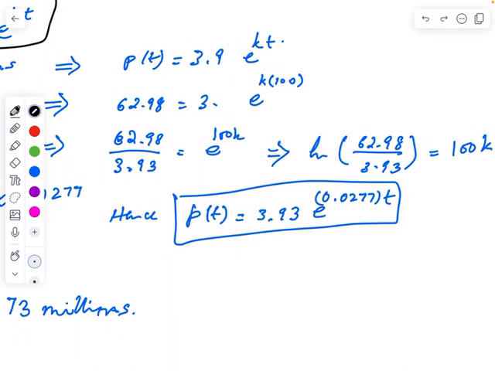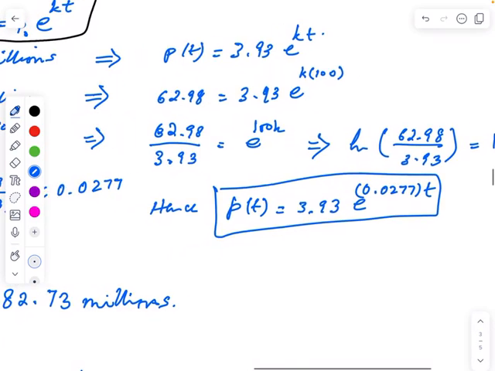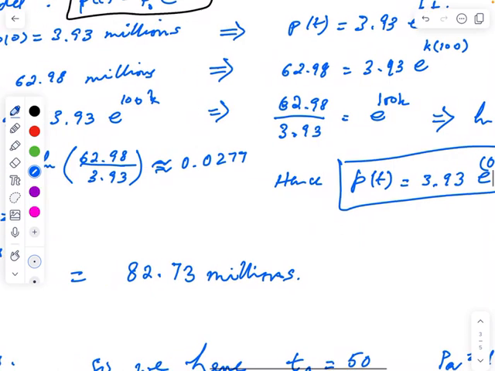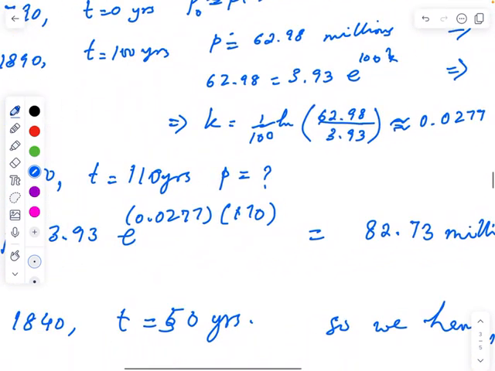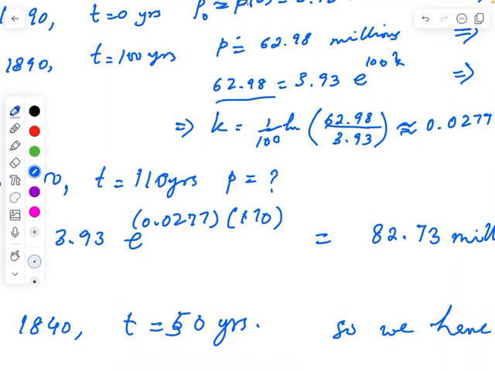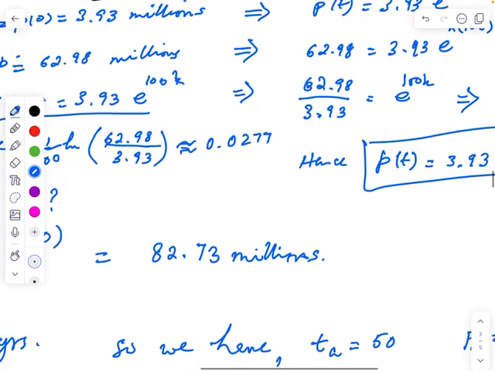Now our job is to find k, and in order to find k, I have to manipulate the problem. We have to look at what we know from algebra. In this case, you divide by 3.93 on both sides. On the left side I get 62.98 over 3.93. On the right side, when divided by 3.93, we get 1 here, so e to the 100k is left on the right side.